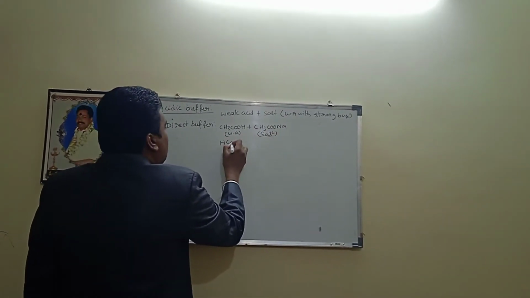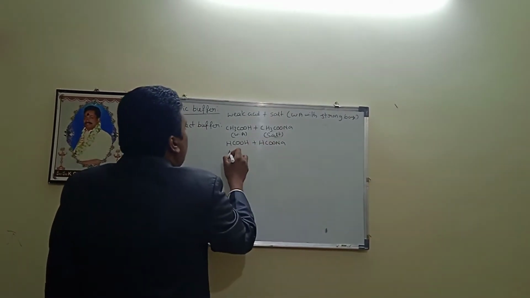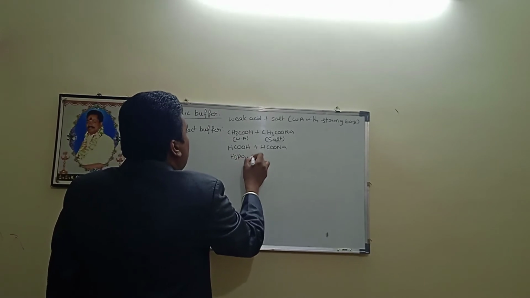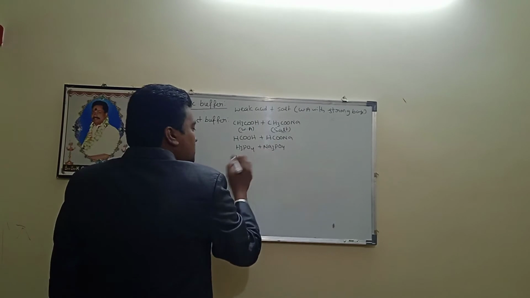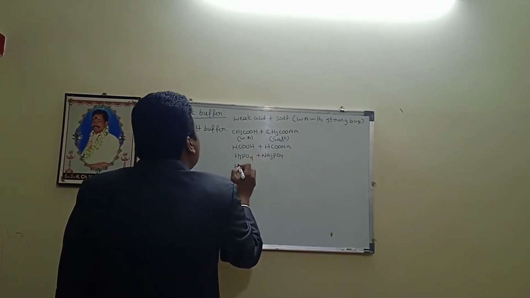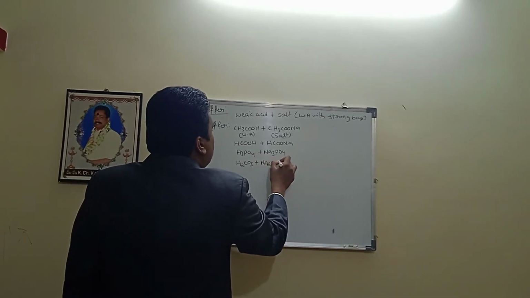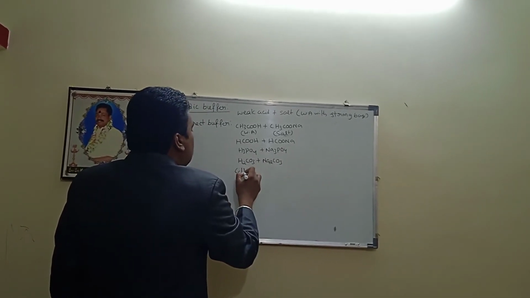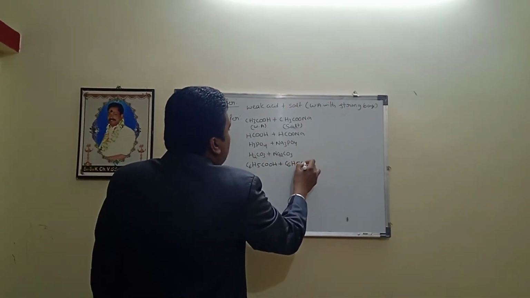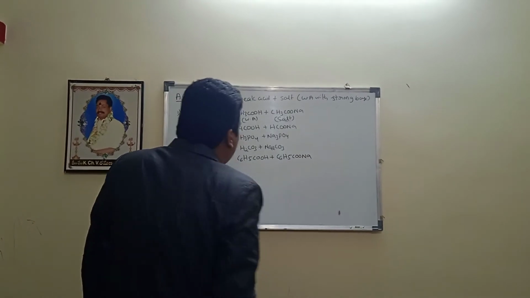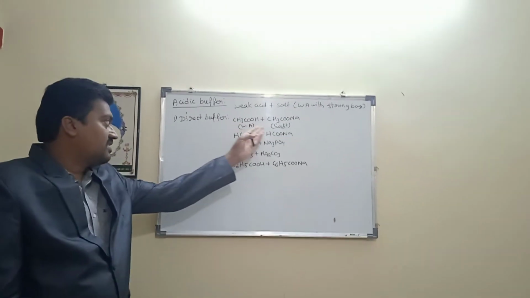Another one is HCOOH plus HCOONa, H3PO4 plus Na3PO4, H2CO3 plus Na2CO3, C6H5COOH plus C6H5COONa. So these are some combinations of the weak acid and salt of this weak acid with the strong base.